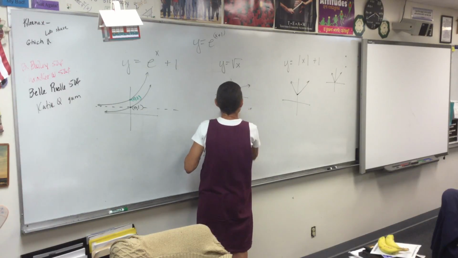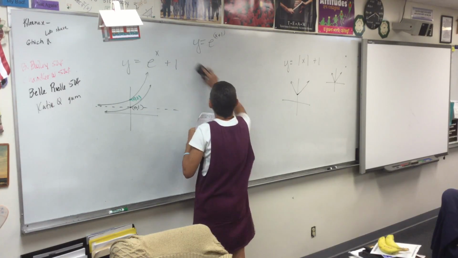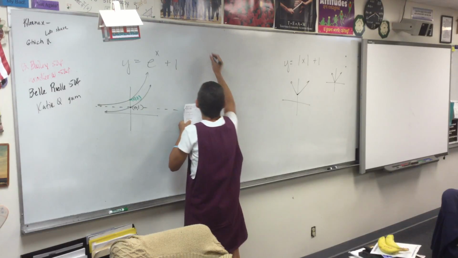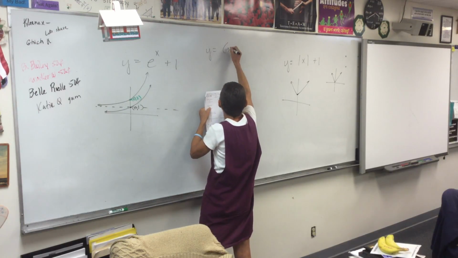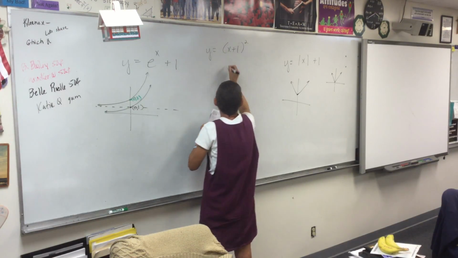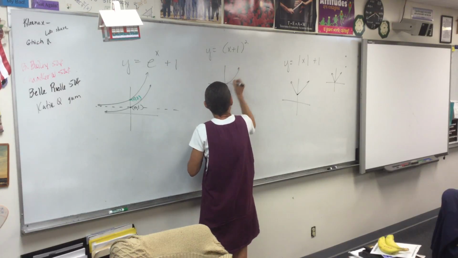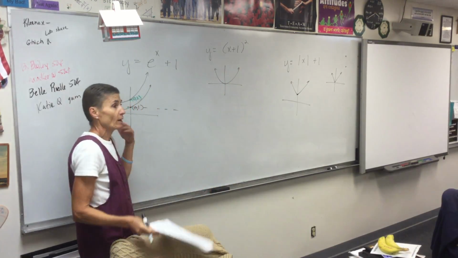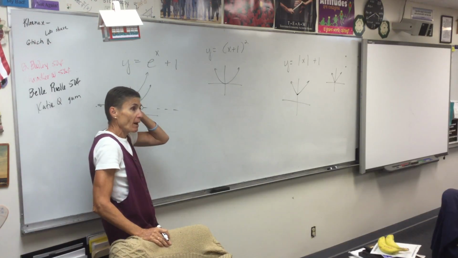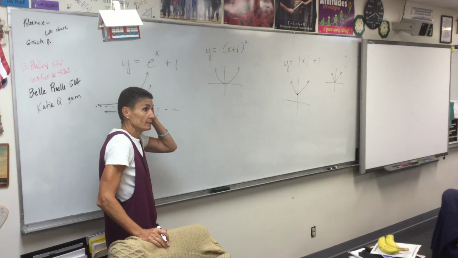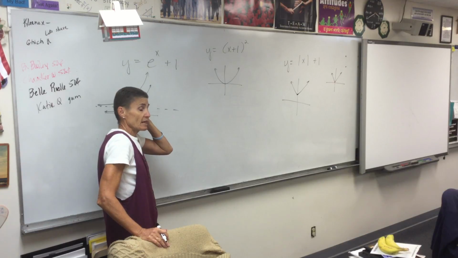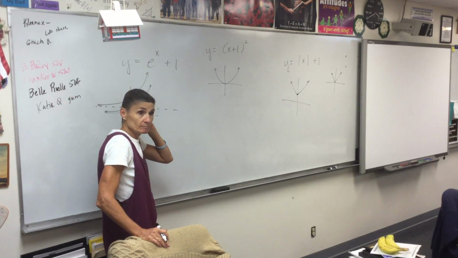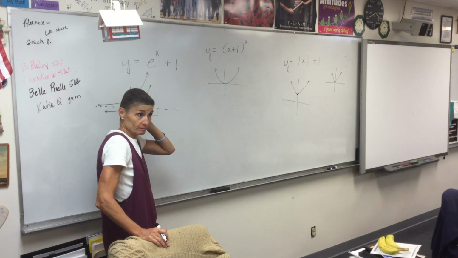What about D? It's the squaring function. So the first thing that pops into my brain is parabola. Now you don't have to write that down. It's what pops into my head. Okay, I got a parabola. Now, what's going to happen to that parabola? It's going to move.